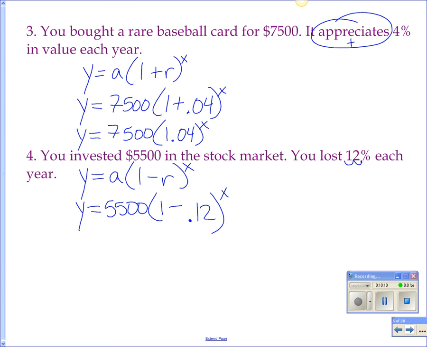And Chuck, what will be my final answer? .88 to the x. 1 minus 0.12. So it's like having a dollar and taking away 12 cents gives you 88 cents.